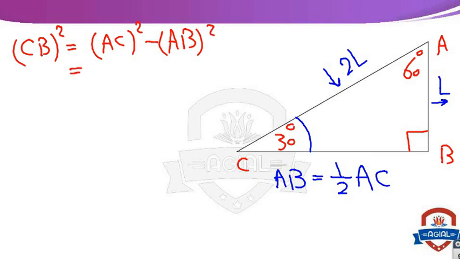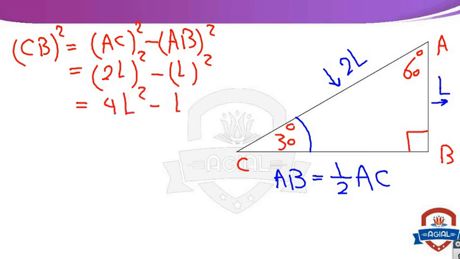CB square equals AC square minus AB square. AC square equals (2L) square, which is 4L square, minus L square, which equals 3L square.